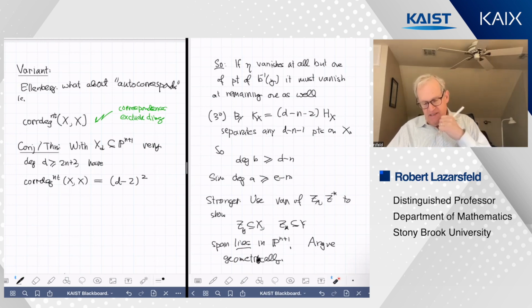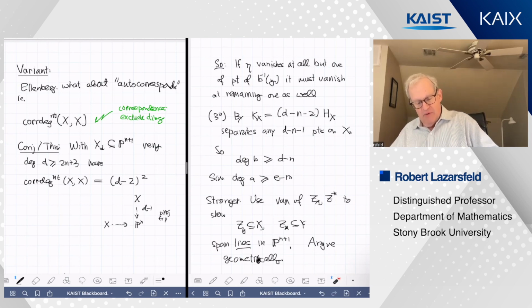So where does this (d minus 2) squared come from? You look at projection from a point, which has degree d minus 1, and you take the fiber product of that map with itself.